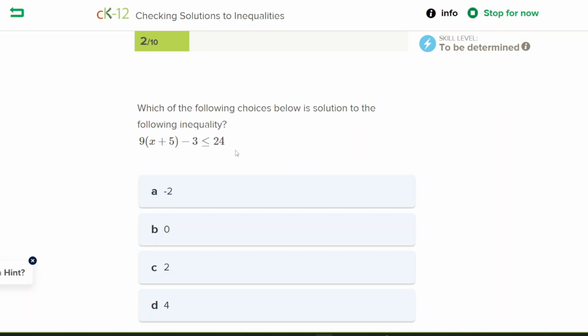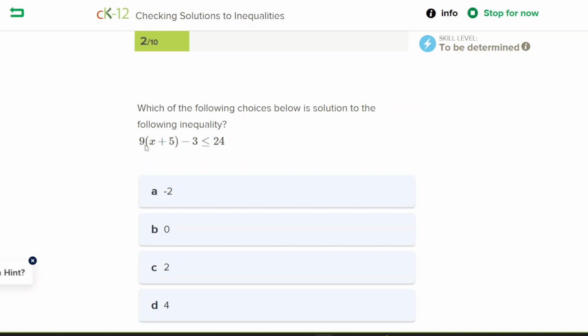Solving one of these linear inequalities with one variable, I'm going to go through the same steps I would go through to solve a linear equation with one variable. But keep in mind, whenever I multiply or divide by a negative number, the inequality symbol will change, and that's the only time it will change.